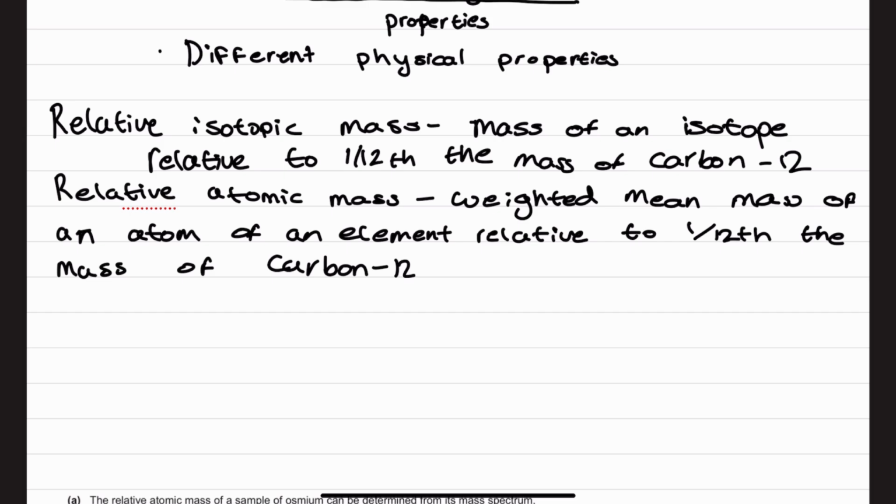Now, as is very obvious, the main difference is this statement right here. It is the weighted mean mass of an atom of an element, right?